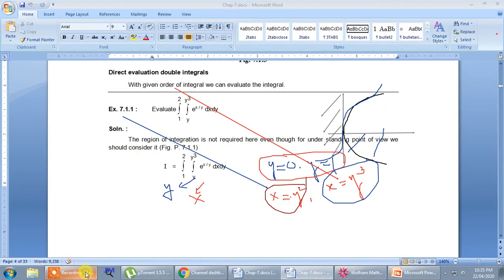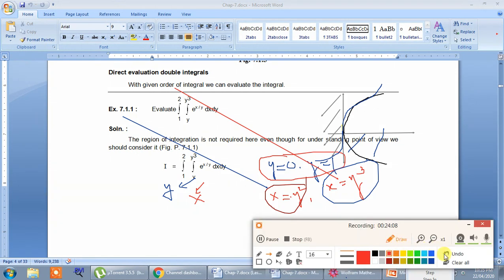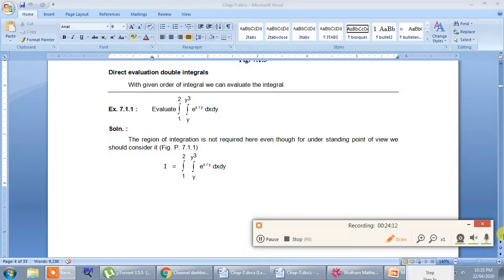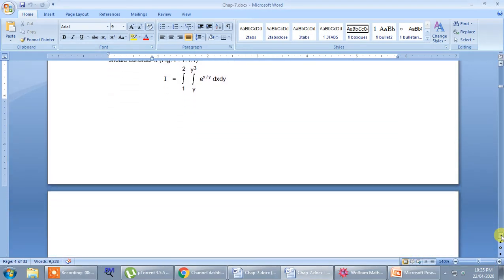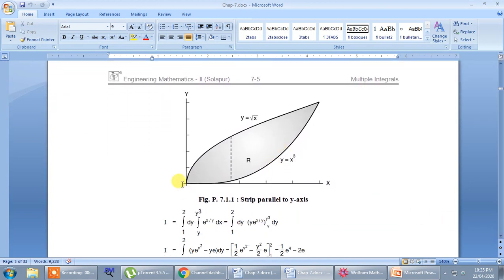Okay, let me first clear this out, so you can see the figure now. So your figure is like this. This one is the parabola, and this one is y equal to x cube. Here we have taken a strip parallel to which axis?